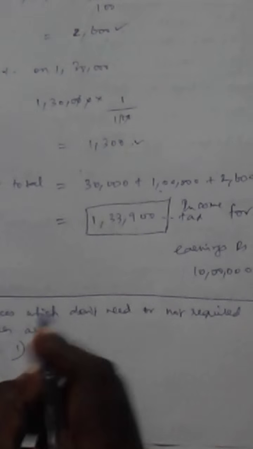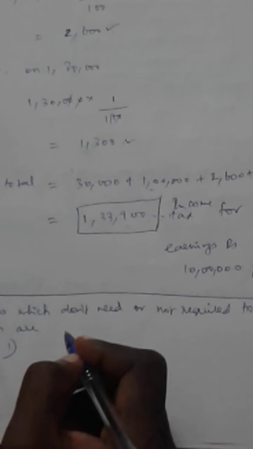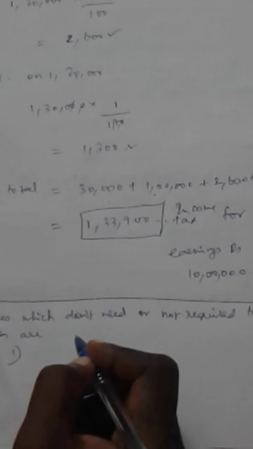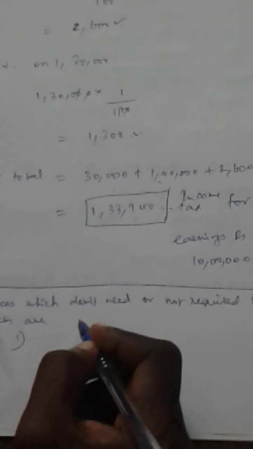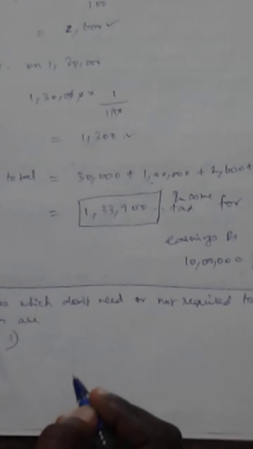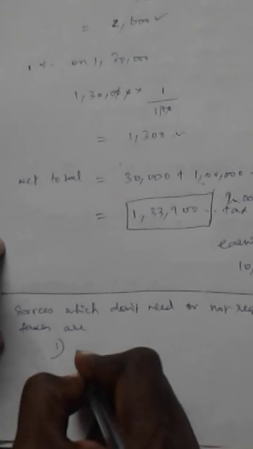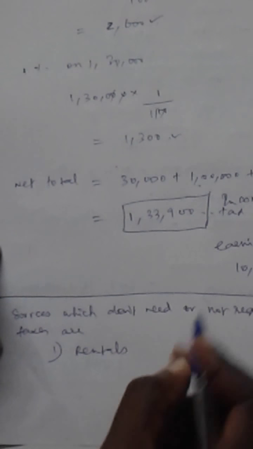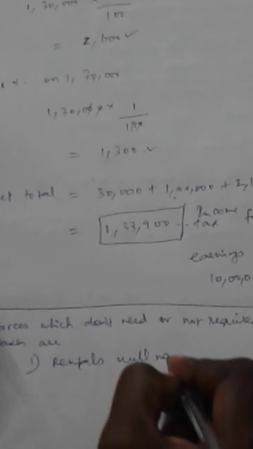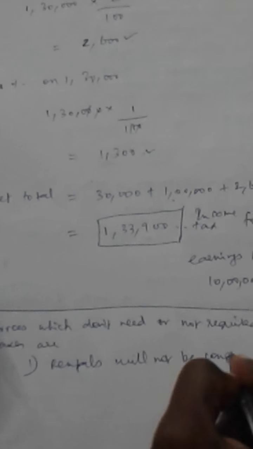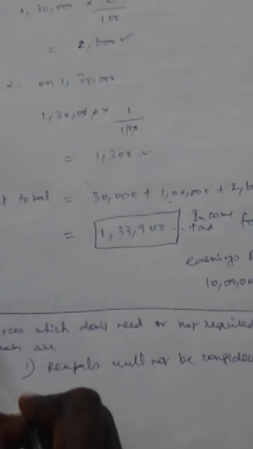For one, if you have a house given for rent, and you are getting the rent paid by your tenant, rentals will not be considered. You don't need to pay taxes for that.